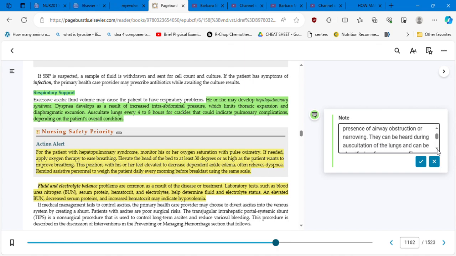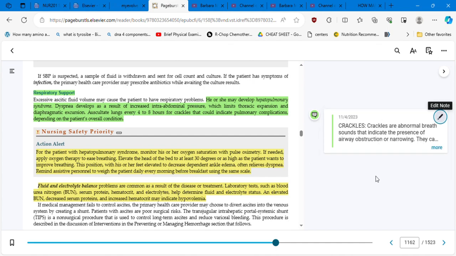They can be heard during auscultation of the lungs and can be classified as fine or coarse. Fine crackles are high-pitched and short and suggest left heart failure, interstitial lung disease, or pneumonia. Coarse crackles are louder, lower in pitch, and longer, and suggest pulmonary fibrosis or congestive heart failure.